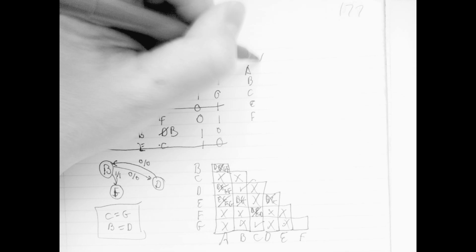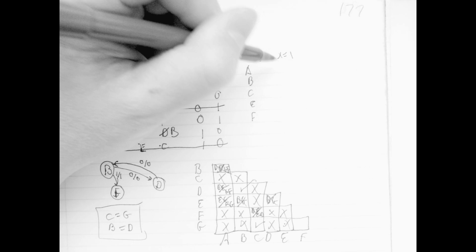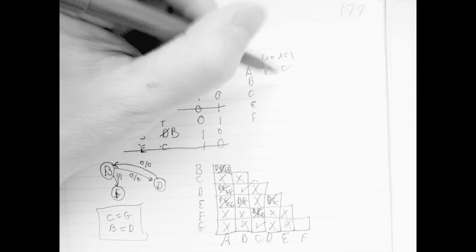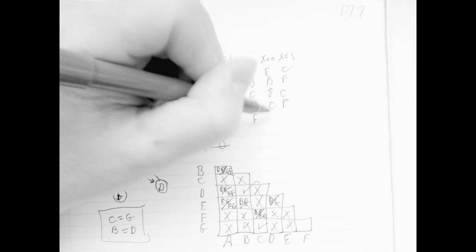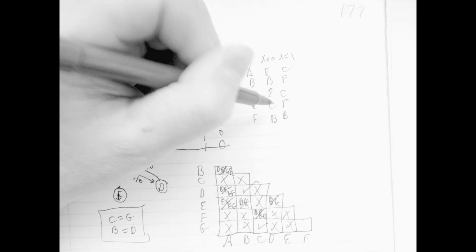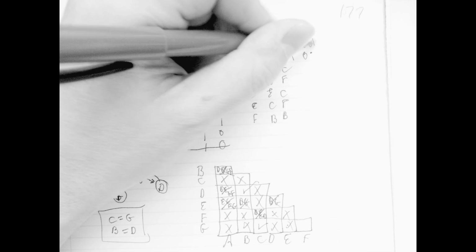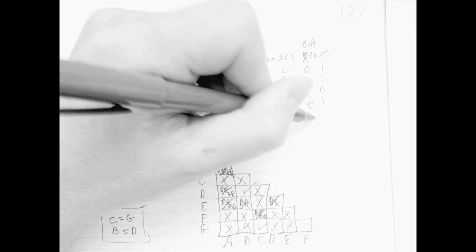E, F, and then we skip G. And then for x equals 0, x equals 1, we can write out E, C, because we replaced G with C, B, F, E, C, C, F, B, B, and then the output for x equals 0 and x equals 1 must be equal to 0, 1, 0, 1, 1, 0, 0, 1, 1, 0.